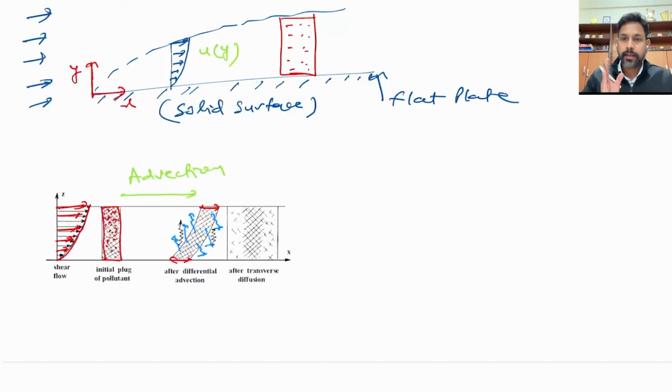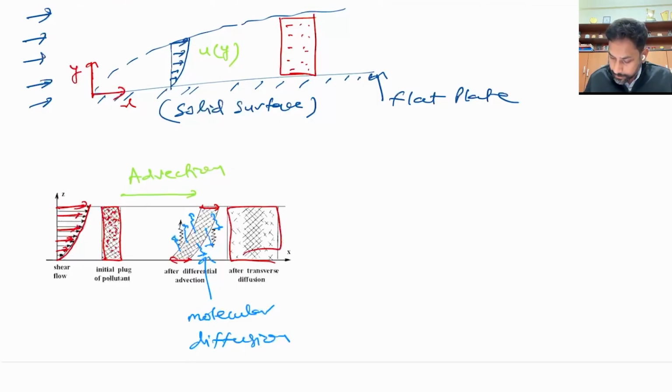So there is this molecular diffusion in transverse direction, and that is how you get higher mixing. So after some time, when it has got advection, and this one now you see is molecular diffusion. So this process of mixing has got enhanced because of this shear force or shear flow, right? And the overall mixing that you see is now this one, right?